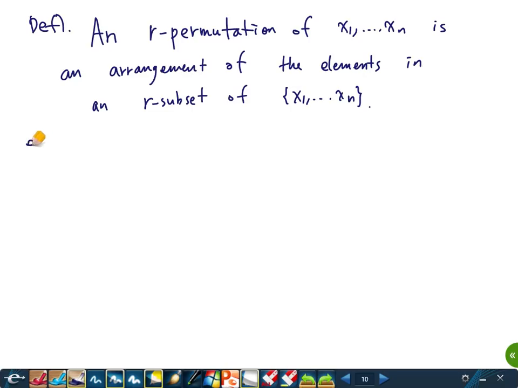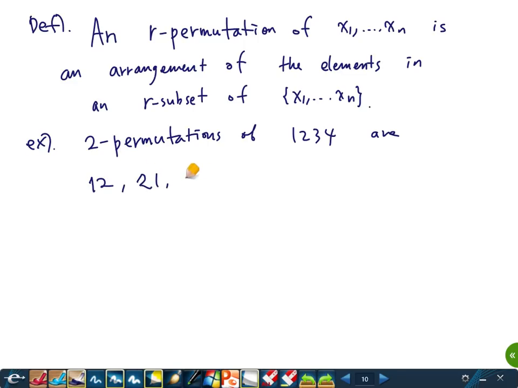So, for example, 2 permutations of 1, 2, 3, 4. They are 4 letters. How many are like this? It can be 1, 2, or 2, 1, 2, 3, 3, 2.